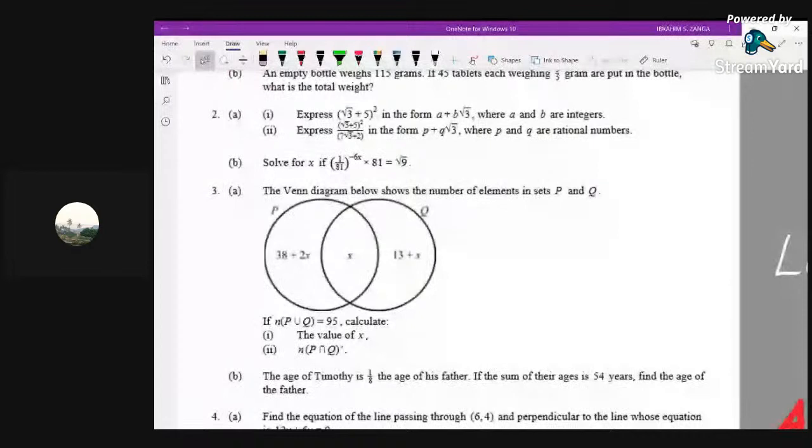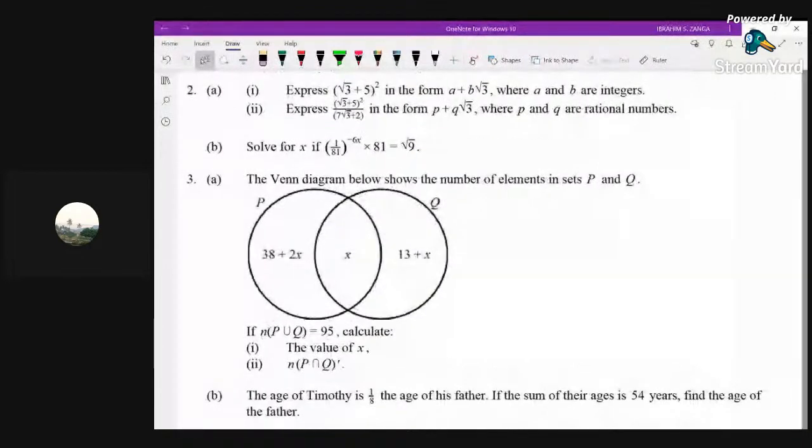we have a set. The Venn diagram below shows the number of elements in sets P and Q, and we were supposed to find the value of x if we were told that the number of P union Q equals 95. So I'm being given this set, actually the combination of all values equals 95.